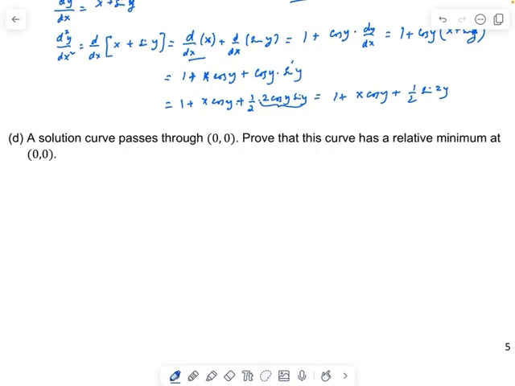Now how do we do that, if you recall? We already know that dy by dx at 0, 0 is going to be 0 plus sine of 0, which means 0 plus 0, which means 0. So the dy by dx is 0. What does that mean? It means 0 is a critical number.